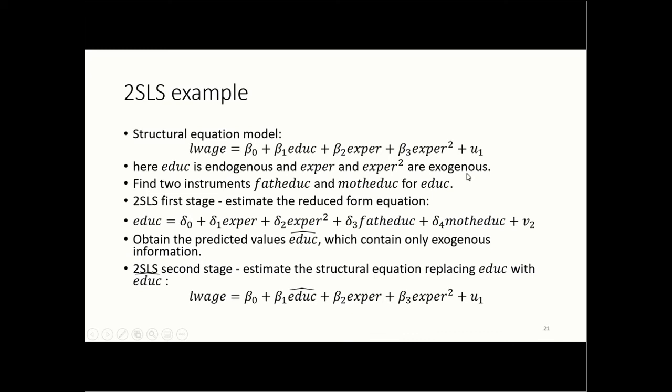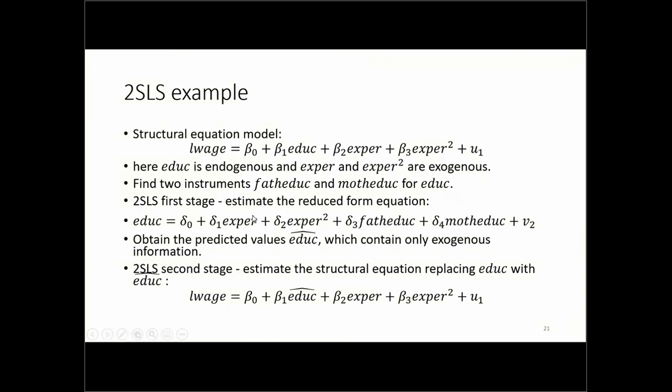Because education is endogenous, we're finding two instruments for education: father's education and mother's education. Now, we can always have more instruments per endogenous variable, but we need to have at least one instrument for each endogenous variable. So here we now have two instruments, father's education and mother's education.